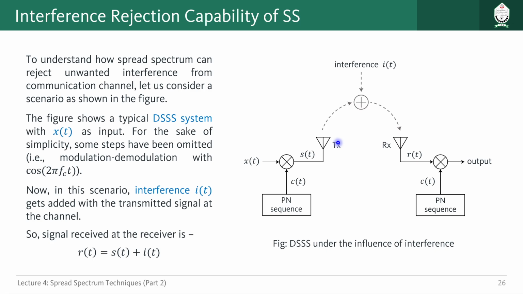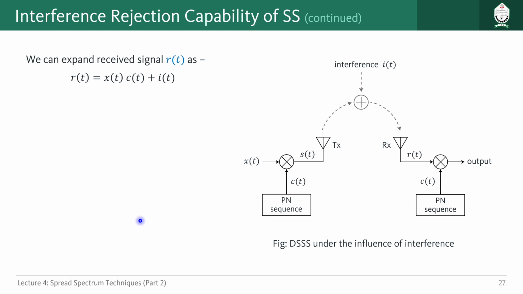Previously, when we discussed the DSSS system, we took the ideal case, that means there was no noise or interference in our channel, right? But here we are saying that the transmitted signal will be added with some interference I of t, and that resultant signal will be received by our receiver. So the signal received at our receiver is R of t, which is S of t added with I of t.